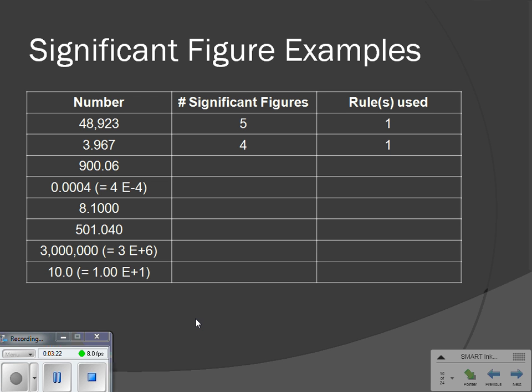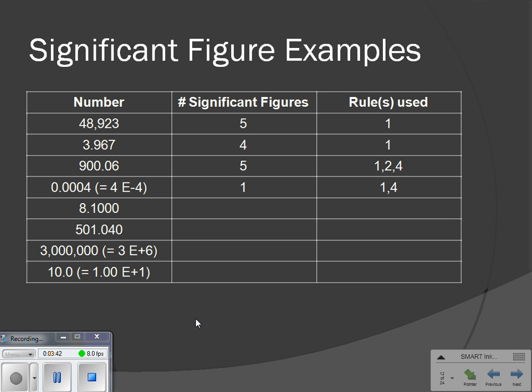Our third line, we have 900.06. There are 5 significant figures. We've got the non-zero numbers. We have the zeros between the non-zero numbers, and the zeros that are to the left of a written decimal point.